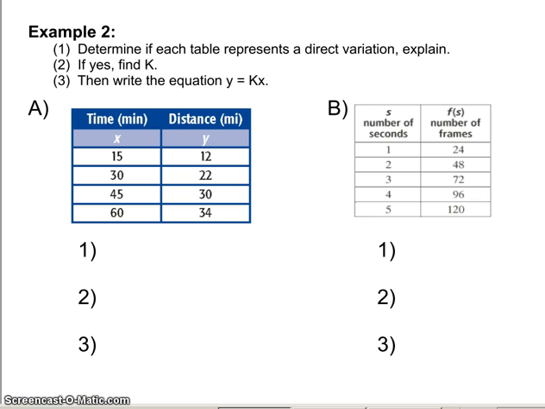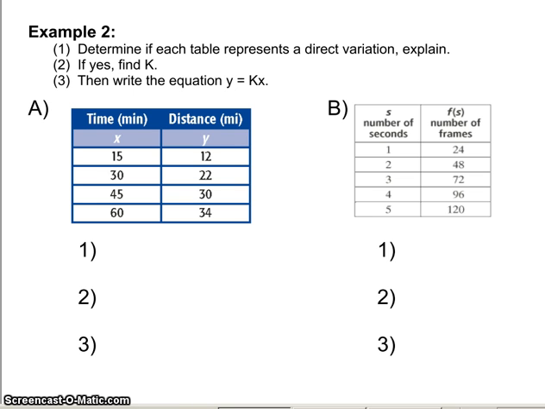In other words, we're going to go through our data here and divide all of our y values by our x values and see if we end up with the same rate. If you do find a k value, then state it in number 2, and then number 3, just plug in your k value for the equation.